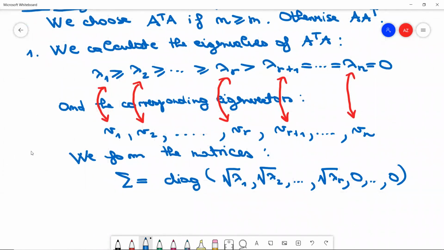And this diagonal matrix, you have to take it of appropriate size. So it's the same size as A, so it's an n times m matrix.